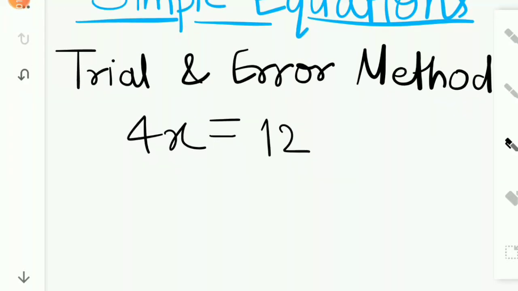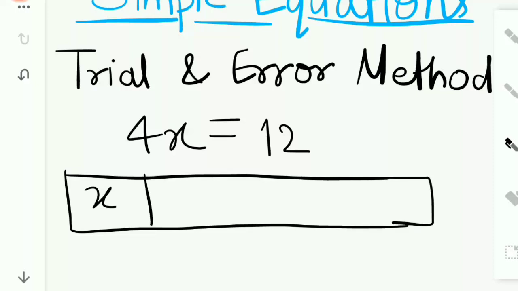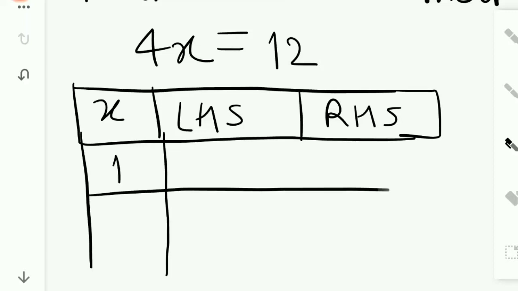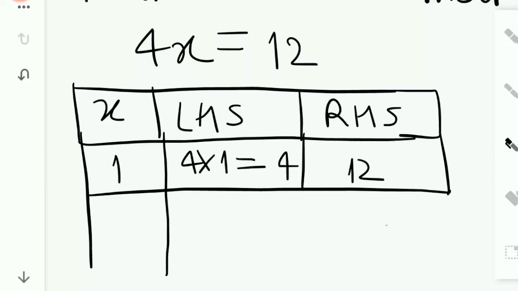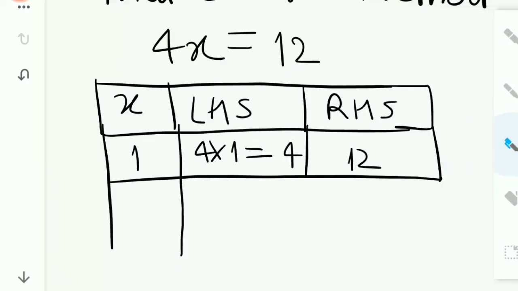For example, I can take the value of x in one column, LHS, and another, RHS. Now here, if I take x equal to 1, LHS is 4 into 1 equal to 4 and RHS is 12. So x cannot be 1.